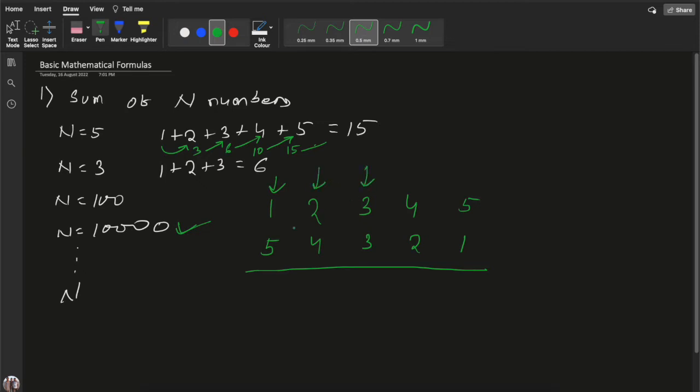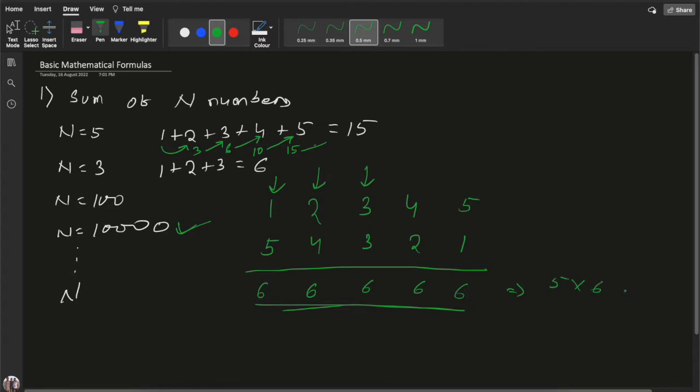It will become 6, 6, 6, 6, 6. There are 5 numbers of 6, so I can write 5 into 6, which is equal to 30. If I divide by 2, it becomes 15, which is similar to this number.